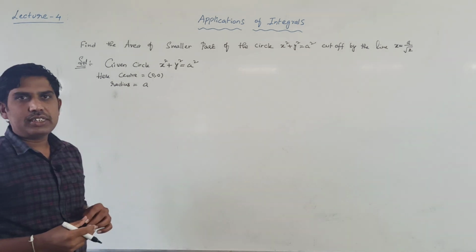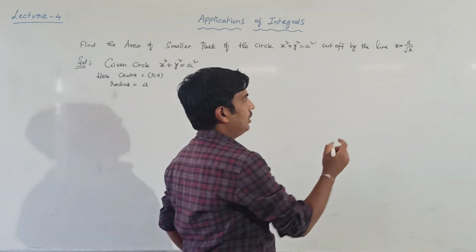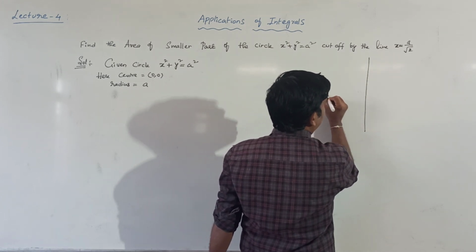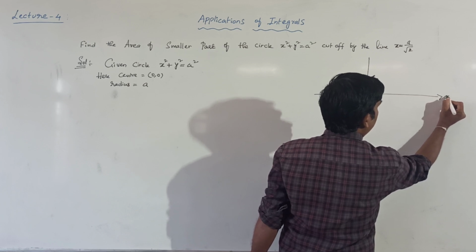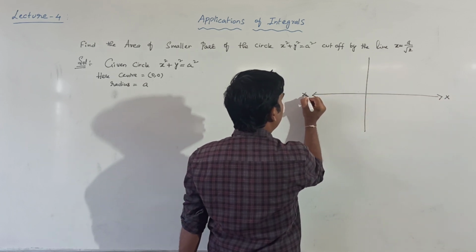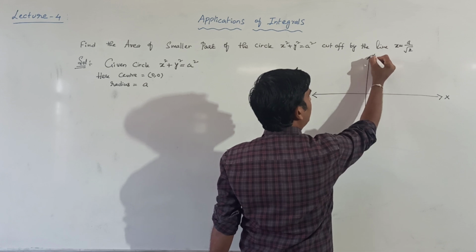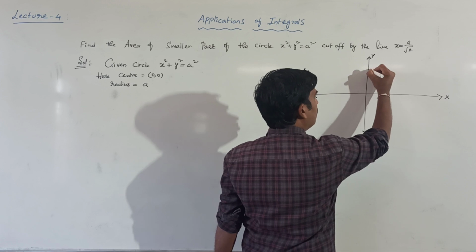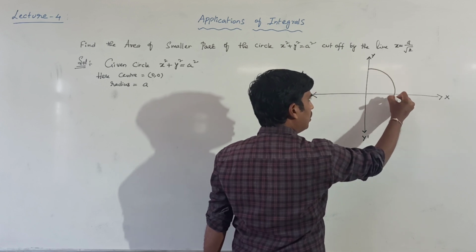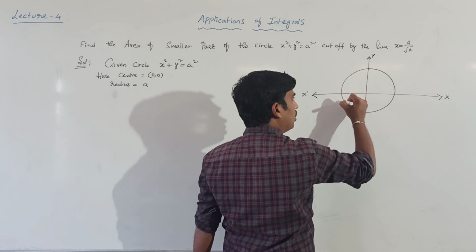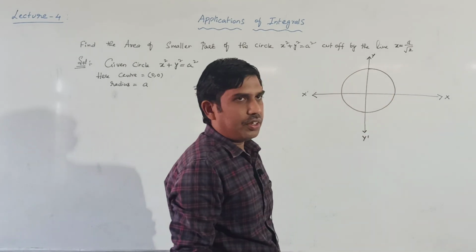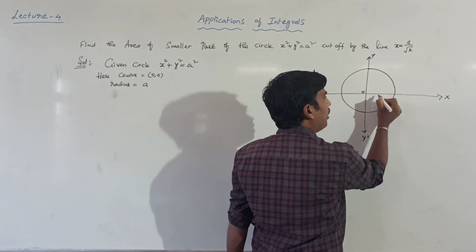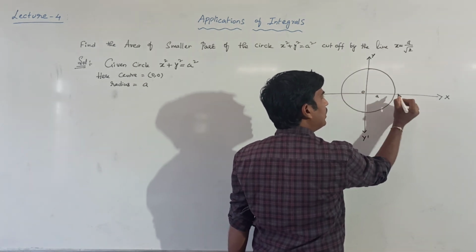So here one circle is drawn with center at origin and radius a units.